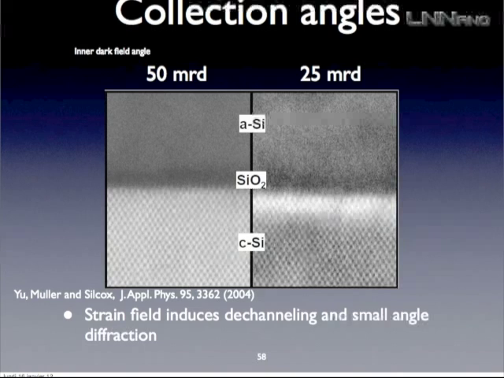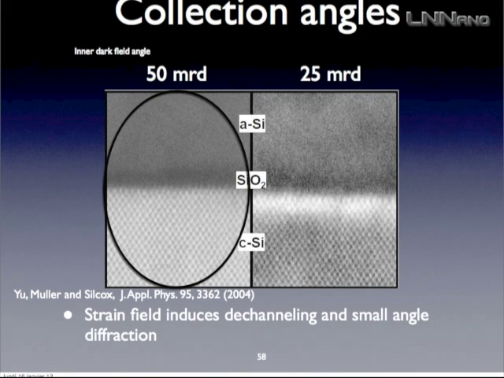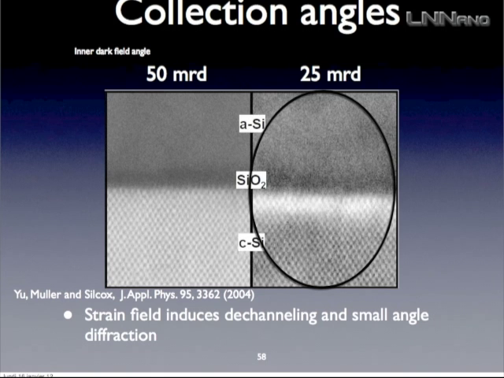The good way to do it in a TEM is just to change the camera length of your apparatus. So in that case, you have a high angle dark field image. This means you have a short camera length, and here you have a larger camera length. I hope I explained it in a good way.